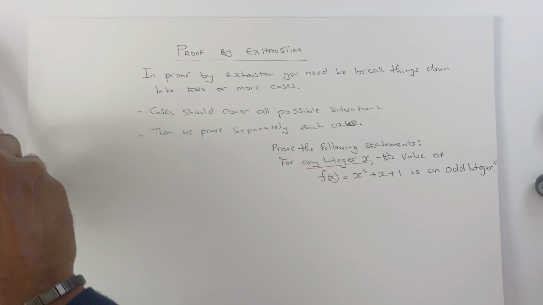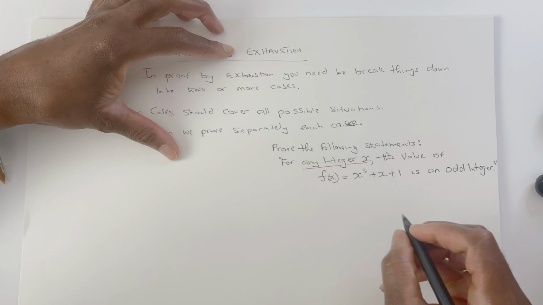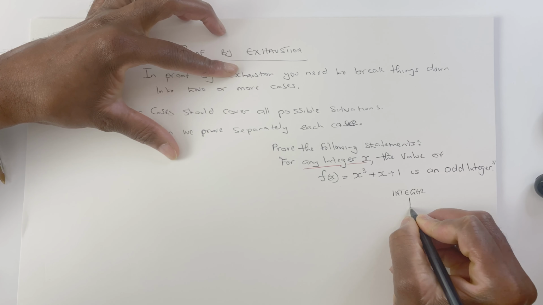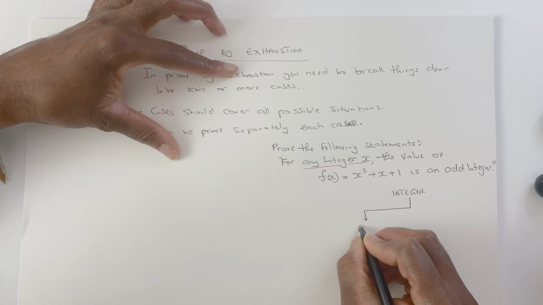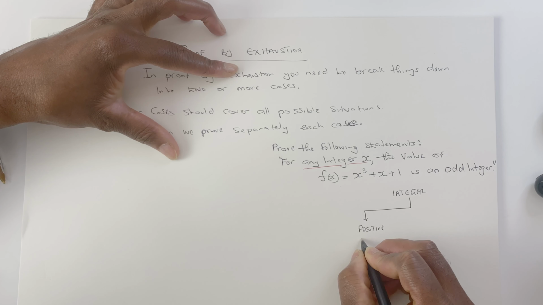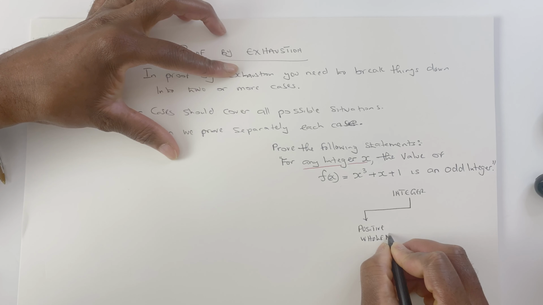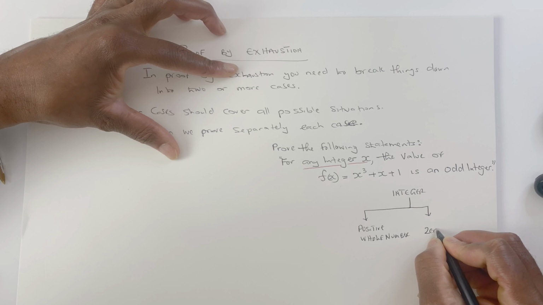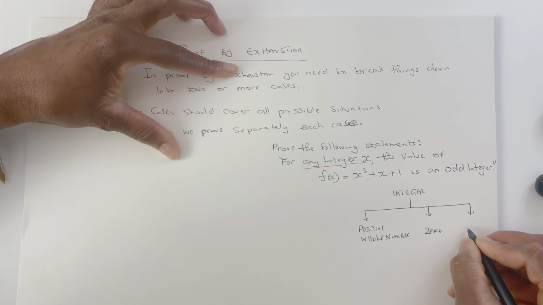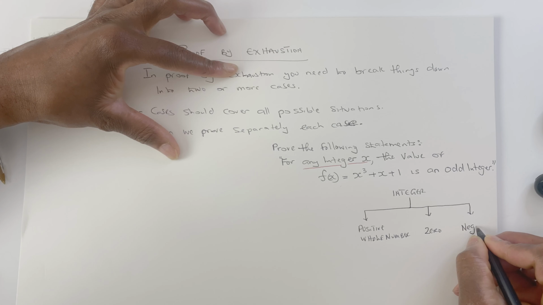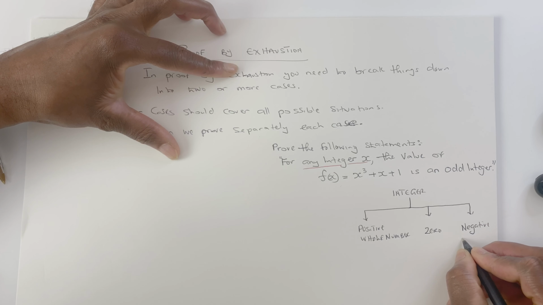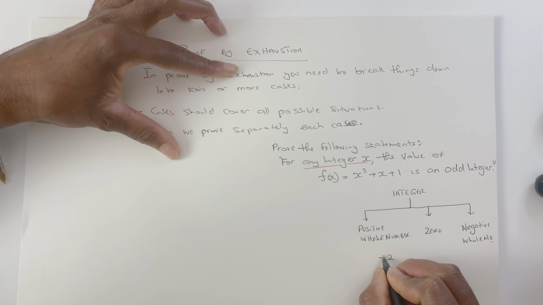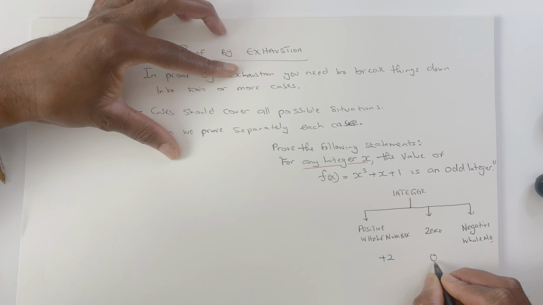Let me remind everyone of the definition of an integer: you would have a positive whole number, you would have 0, and you would also have a negative whole number. 0 is an even number.